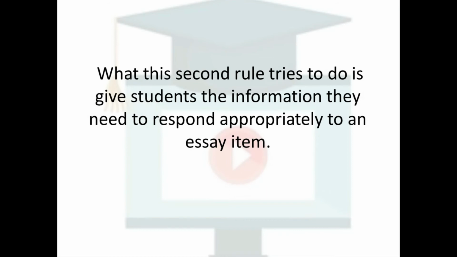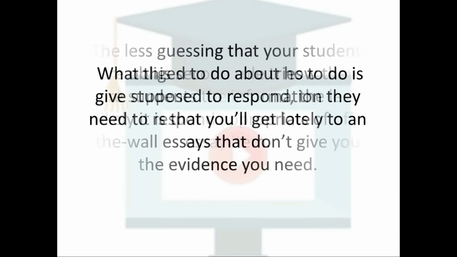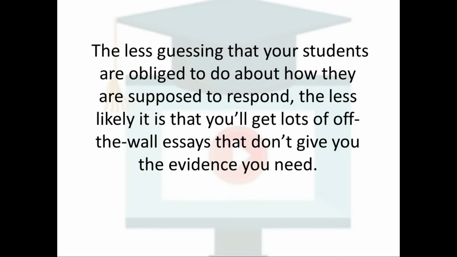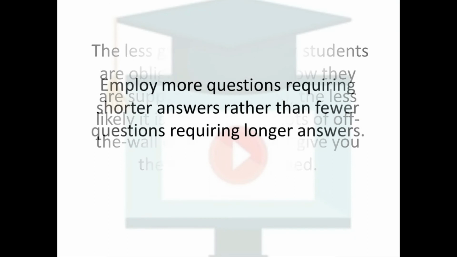What this second rule tries to do is give students the information they need to respond appropriately to an essay item. The less guessing that your students are obliged to do about how they're supposed to respond, the less likely it is that you will get lots of off-the-wall essays that don't give you the evidence you need.